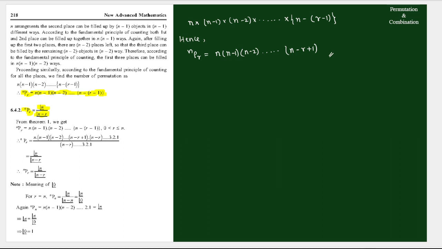Now see, we have got this theorem. We get nPr is equal to how much? n into n minus 1 into n minus 2 up to n minus r plus 1, where r should be greater than 0 and less than or equal to n.